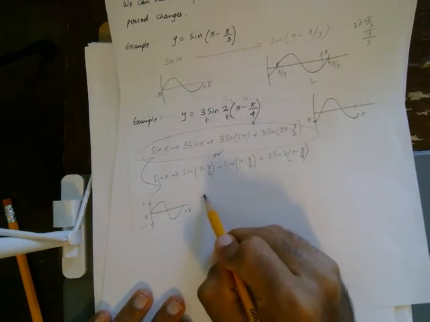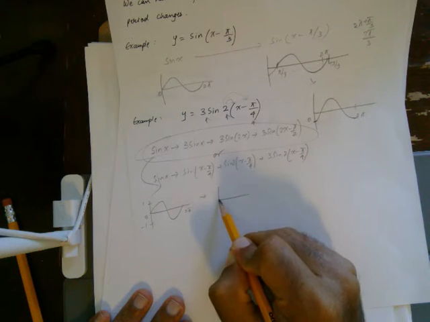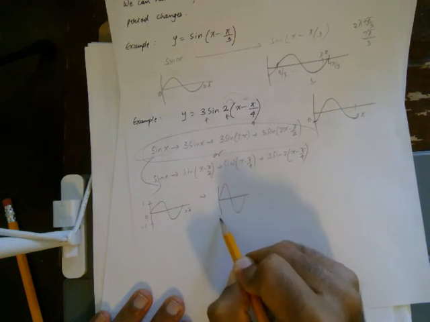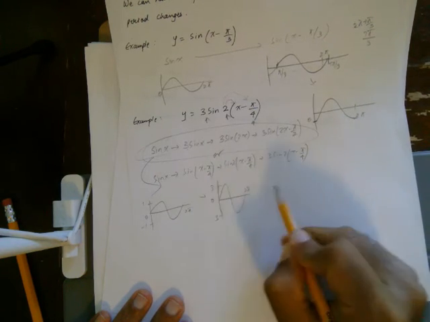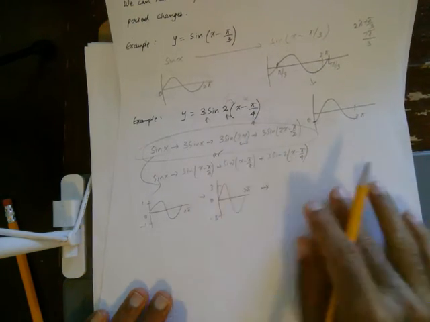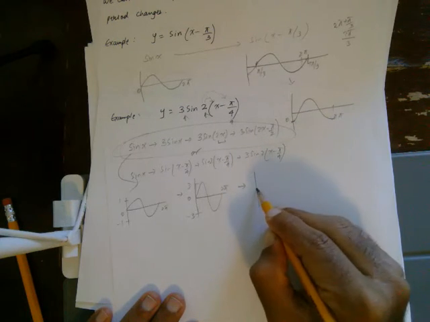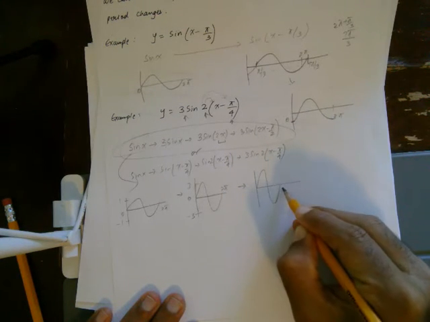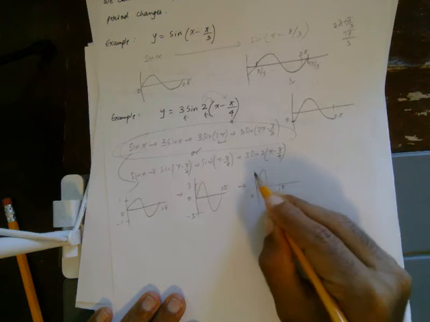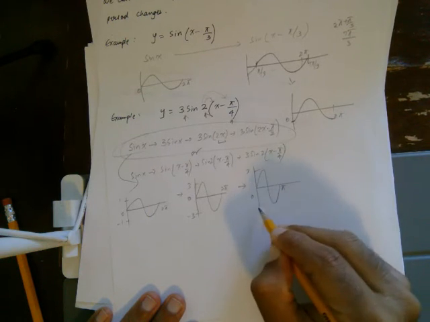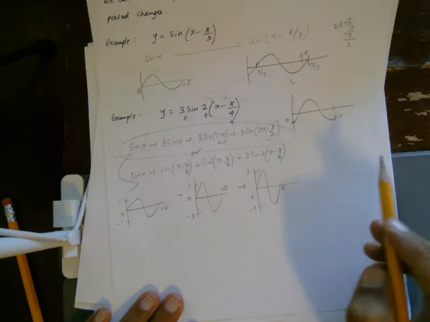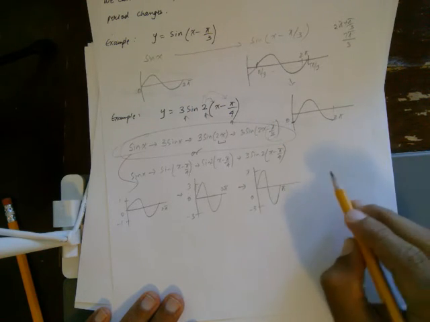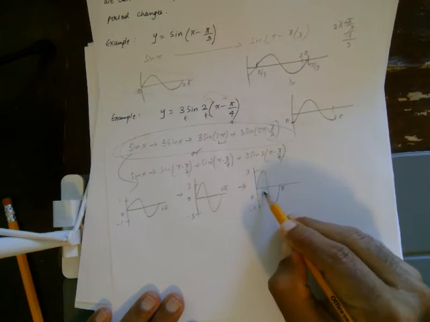First is an amplitude change, so it just becomes bigger, doesn't mess with the time period. Then it messes with the time period, it gets squished. So this is now pi, this is 3 and -3, and then it moves to the right by pi over 2.